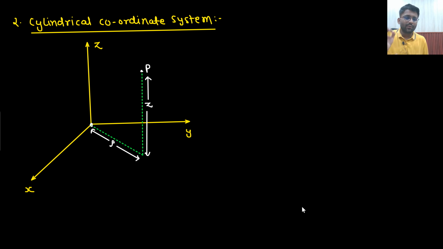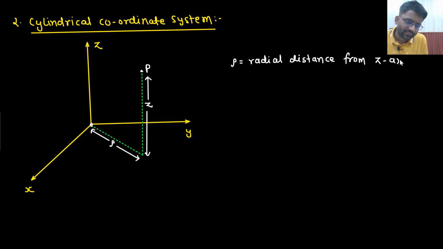What is rho here? Rho is radial distance from z axis. So is it enough, whatever that he said?